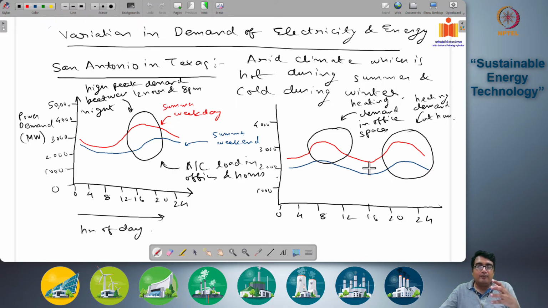Now in each of these cases, we can see, for example, in the summer months, around 2500 megawatts is the minimum electricity demand over the entire 24-hour period, whether it's a weekday or a weekend. Similarly, during the winter months, 2000 megawatts is the minimum electricity demand that is always needed over a 24-hour period.